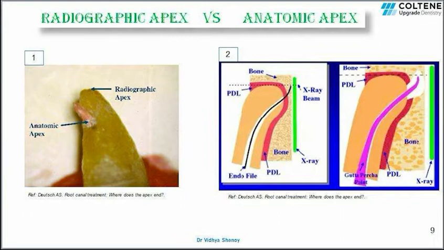Because of this, the gutta percha ends up in the periapical region and it can have severe consequences in the patient. The second picture on the right hand side is a diagrammatic illustration of how the gutta percha is seen to be at the apex on an X-ray film, whereas in reality it is actually beyond the apex. We can see that it has caused severe bone loss in the periapical region.